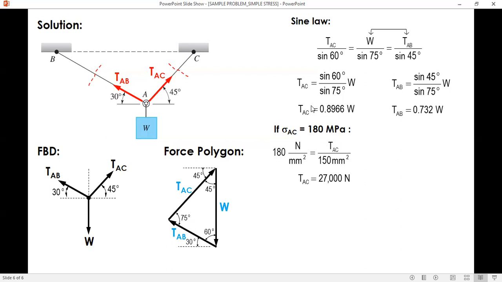So, this value, 27,000, let's divide it by 0.8966 and we have this W. So weight is 27,000 over 0.8966. And the answer is this one, 30,113.76 newtons.